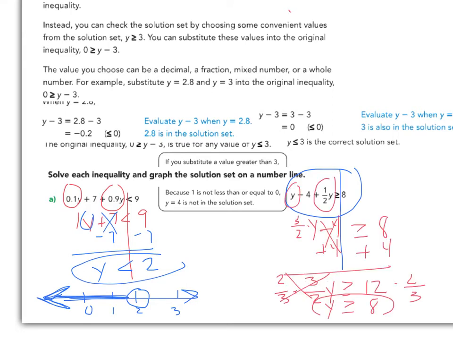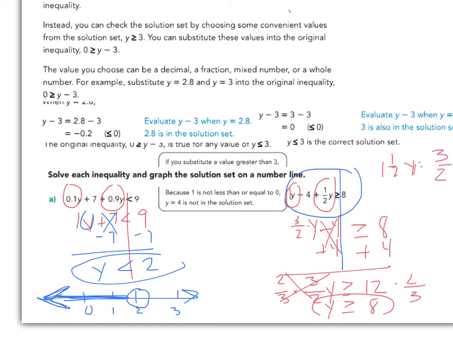Okay, so it was a little deceiving because the directions say that the answers were only going to have addition and subtraction, and there was some multiplication in this one. So what we need to do first is combine my like terms. I have 1y and 1/2 y, so 1.5 y is the same as 3/2 y.